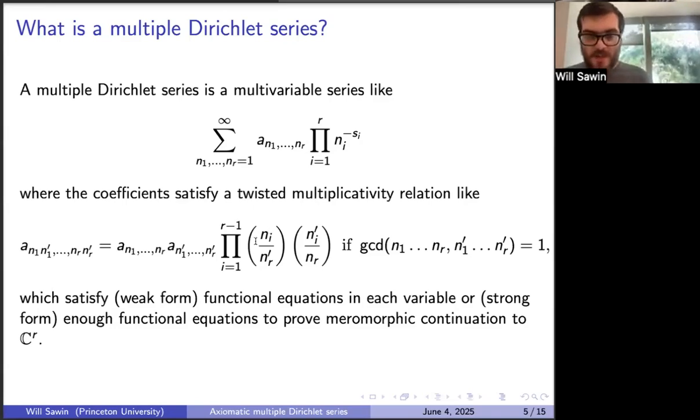I've written a specific product of Legendre symbols, which is the one that's relevant for the moments of quadratic Dirichlet L-functions. But you could have a different product of Legendre symbols, or a product of other kinds of symbols, like higher order power residue symbols. And you obtain this when there are no common factors between the tuples, so when the product of the first tuple and the product of the second tuple have no common factors.